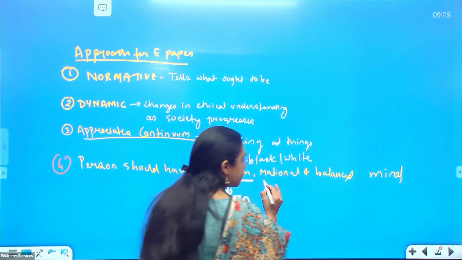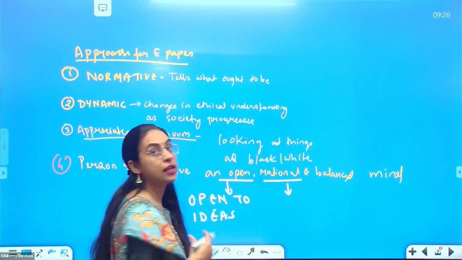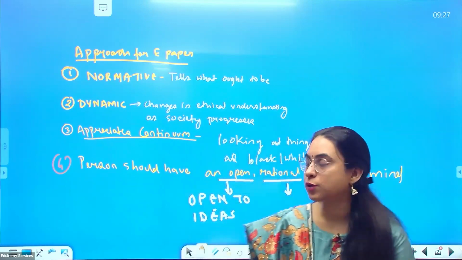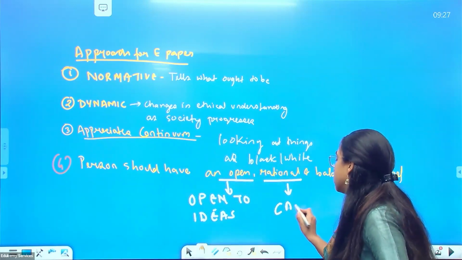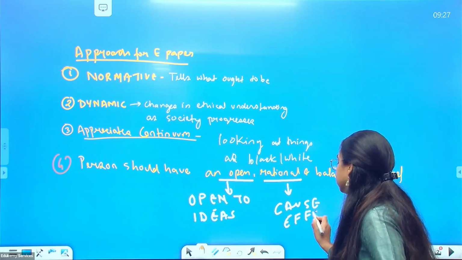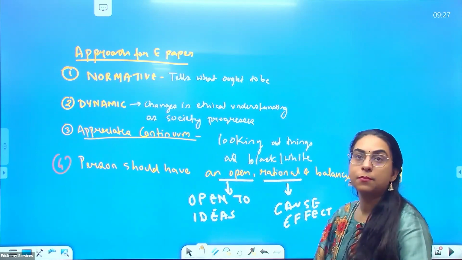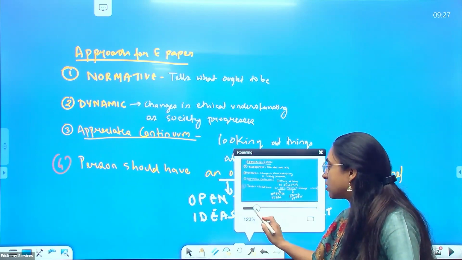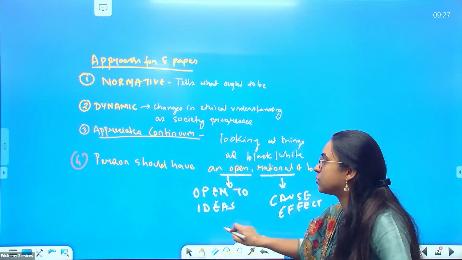It should be rational. You should understand the cause and the effect. ठीक है, आपको cause और effect पता होना चाहिए. There should not be prejudices. Questioning mind होना चाहिए, check करना चाहिए उसको logic के साथ. Basically rational मतलब क्या?